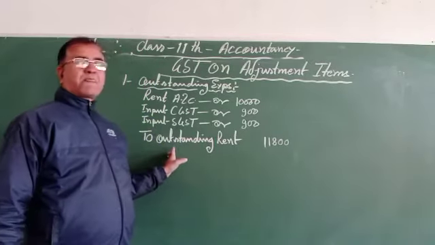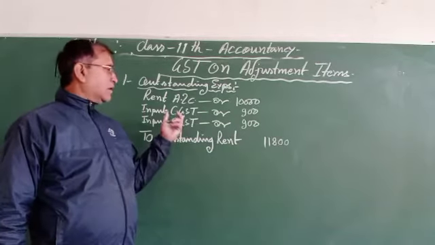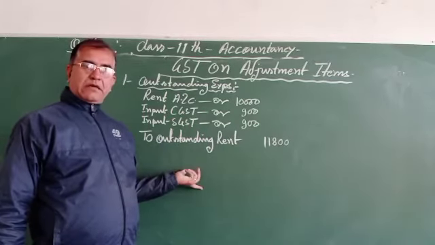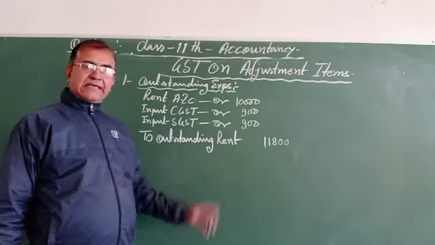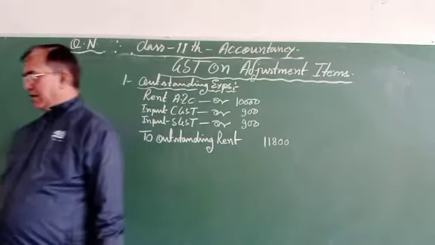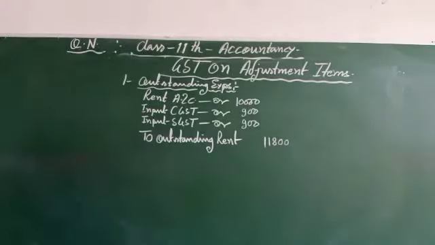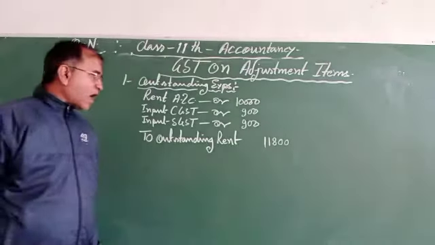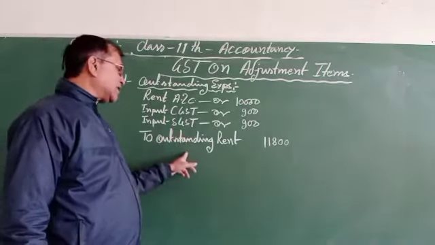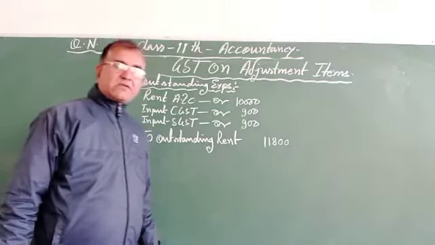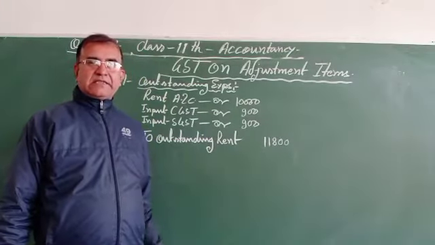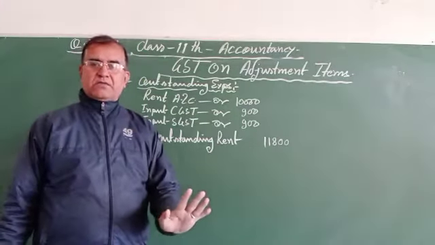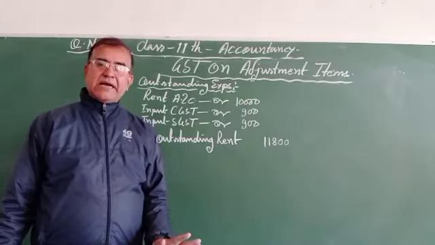This will be the adjustment entry passed for the rent that is outstanding. Now the next point to be noted. If the outstanding rent is shown inside the trial balance, the GST will not be charged. What is the reason behind it?